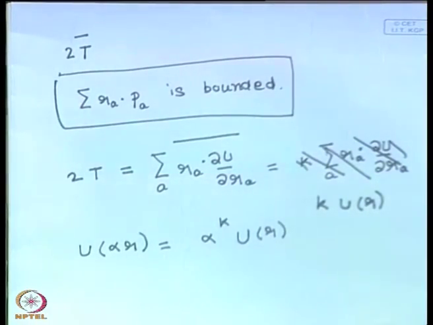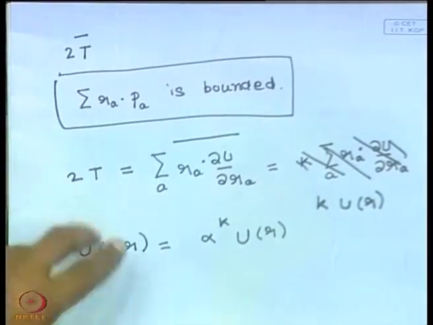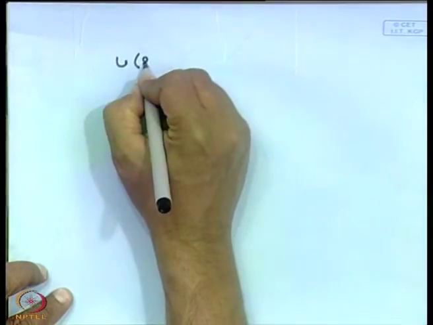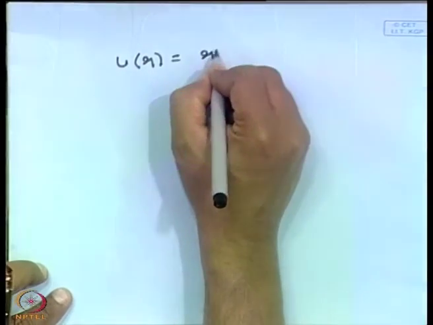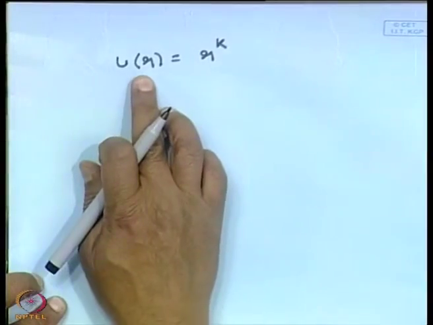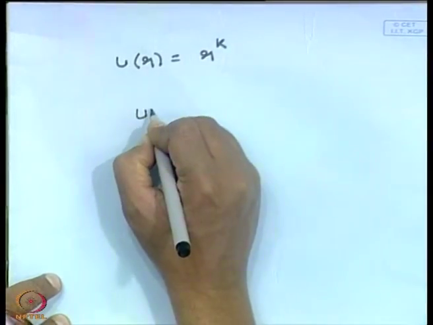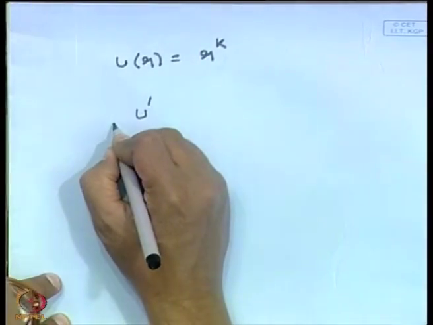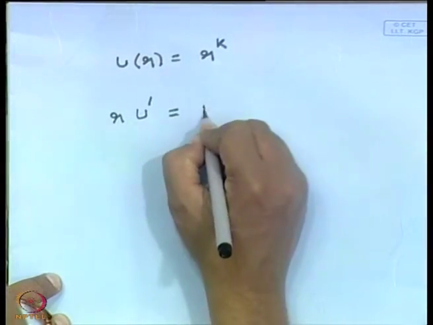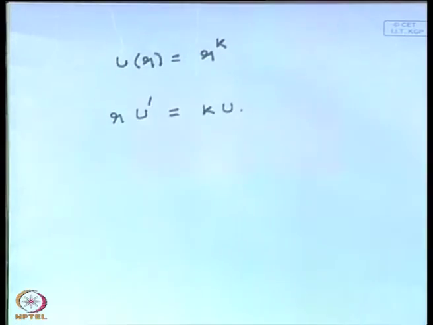This is just going to be k times U of r. You can check this very easily, just take a power law. Okay. So, let me just give you an example. Suppose U is r to the power k. Now, if you differentiate it with respect to r and multiply with r, so U prime into r, you can see that it is k into U. Okay.